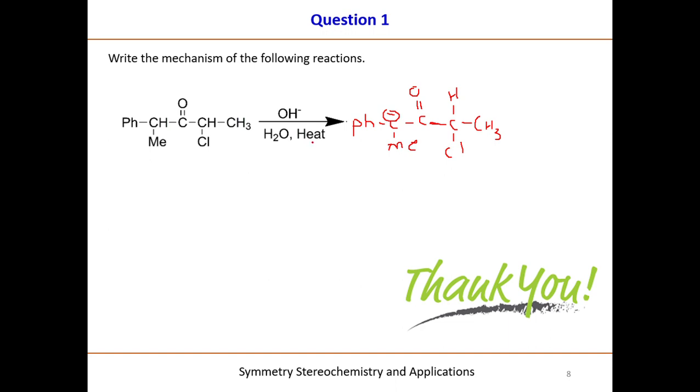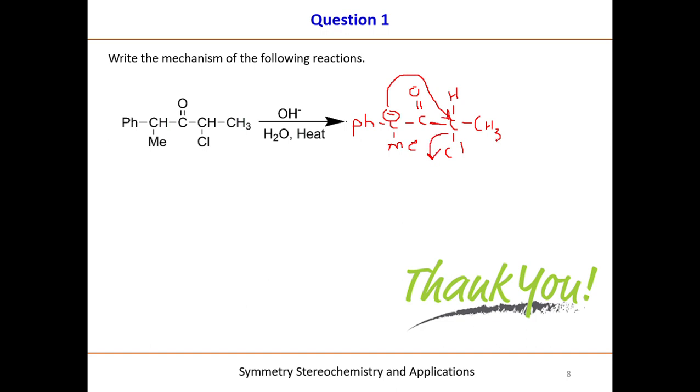Then in the second step an intramolecular SN2 reaction will take place to form a cyclopropane ring. Here the intramolecular SN2 reaction will take place. This carbanion will attack this carbon atom, followed by elimination of this halogen group.